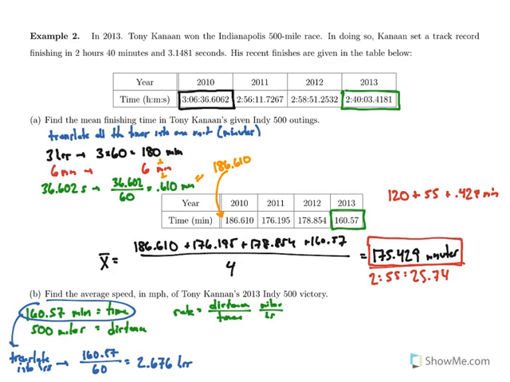So the rate here is going to be 500 miles over 2.676 hours for about 187.43 miles per hour. That is our average speed in that race.